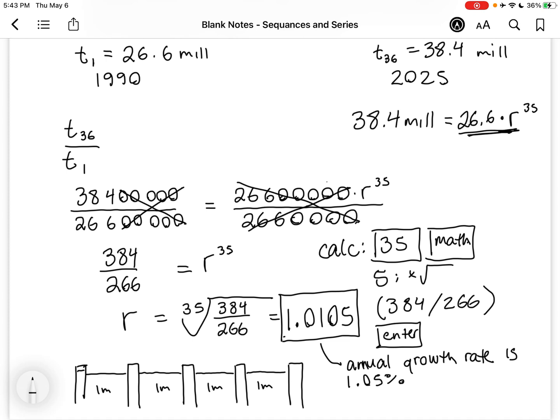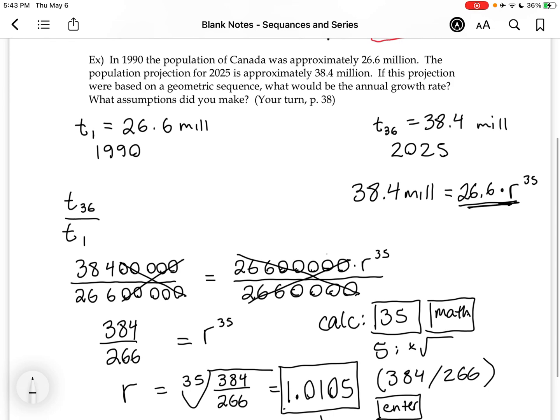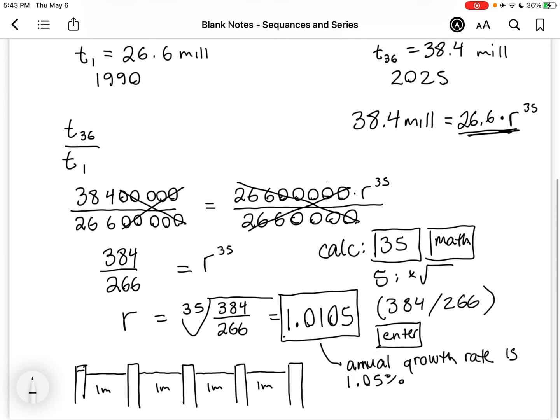What are we assuming here? Well, we're assuming that the growth rate is constant, right? And usually that's not actually the case. We were asked to talk about assumptions. So the assumption is that the rate is constant. Lots of things can happen that would interfere with that annual growth rate. One of them is immigration. Another one is economics.